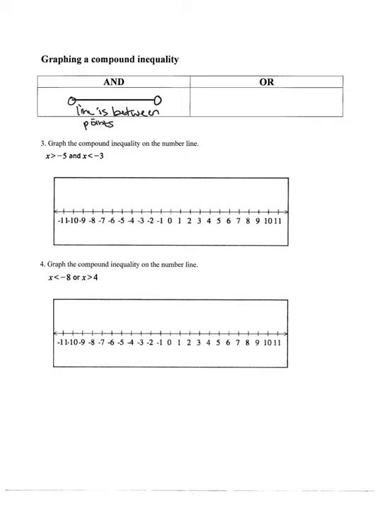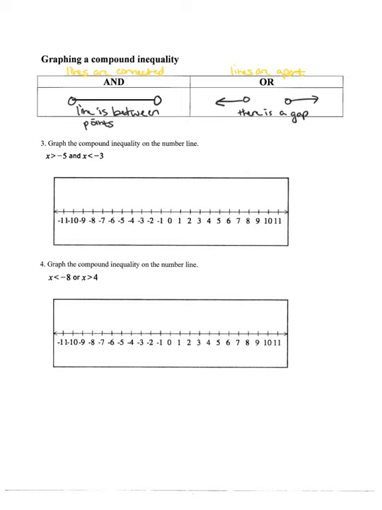An or statement, there is a gap. Okay, and another way to say it, an and statement, lines are connected. An or statement, lines are apart. Two different ways to view this, but they're saying the same thing.